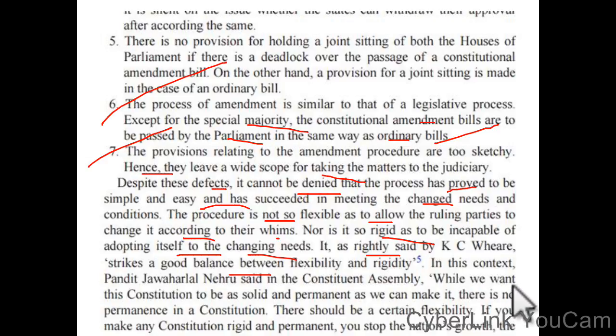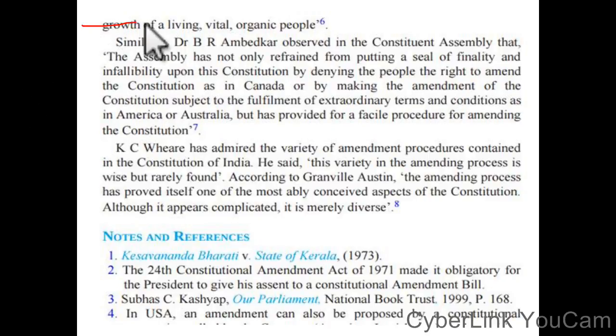If you make any Constitution rigid and permanent, you stop the nation's growth, the growth of a living, vital, organic people.